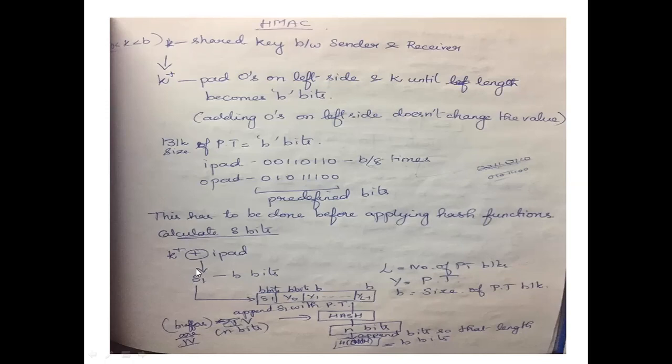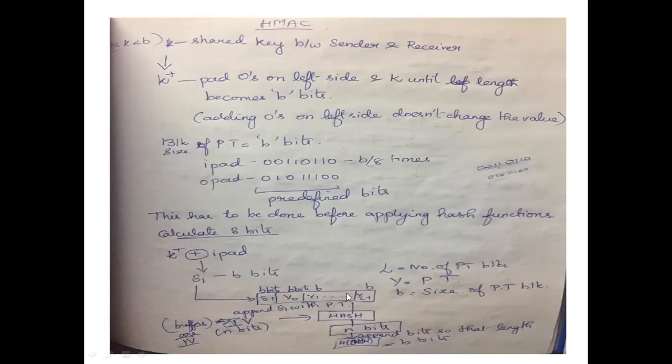It should not differ. Then this S1 is appended with the plain text. Y0 until YL minus 1 is the plain text blocks, and this S1 is appended in front. And B is the size of the plain text.